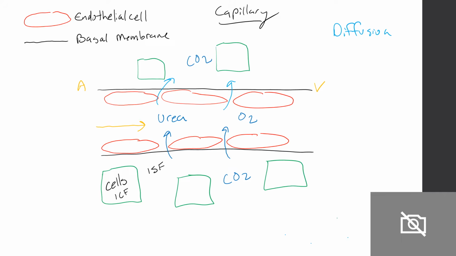And other waste as well, not just CO2, but things like lactic acid and so on, or any kind of metabolites that might be accumulating from the cells themselves. All right. And as I progress through this lecture, you'll see that the barrier between the vasculature and the interstitial fluid plays a role in how fluid will shift between those compartments.